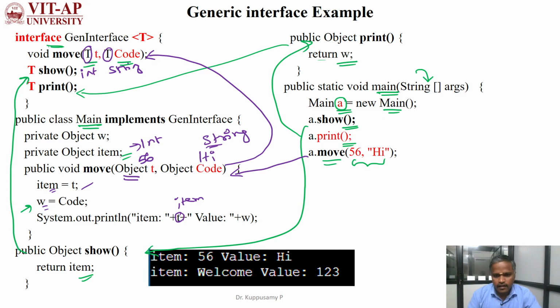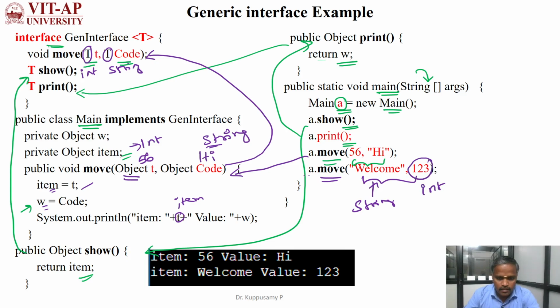Then we are calling another move method, the same method with different arguments. Welcome is a string, and next here we pass an integer. Once it is called, the control is passing to this move method defined here, which is carrying welcome as the value to this t, and 123 as the value to this code.